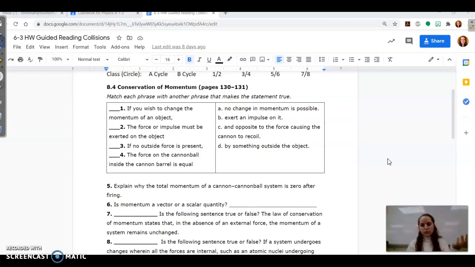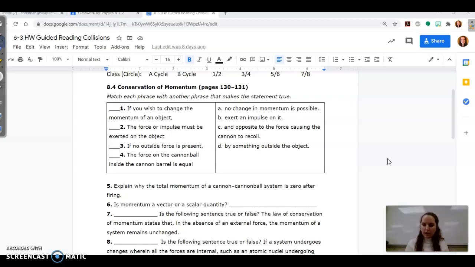So what you start with, you're going to end with. So if we want to exert a force or something onto this object, then it needs to come from external of our system.